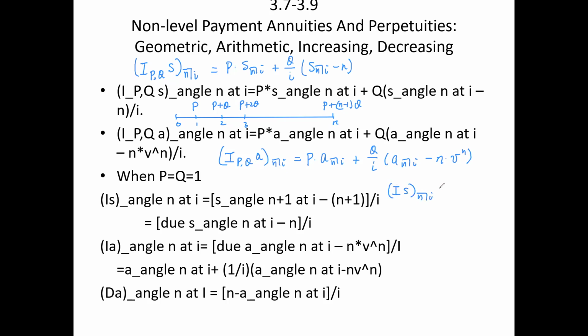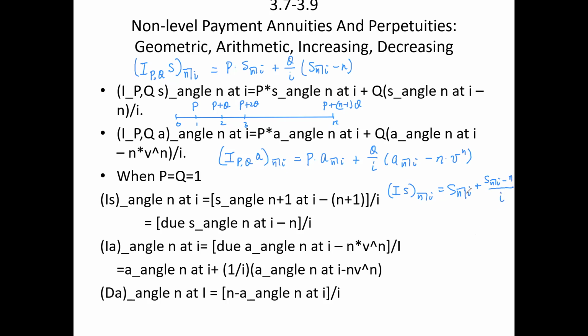P equals 1, so you have A sub n angle I plus 1 over I. I think there's another simpler formula, which is, hold on a second, this is S, we're talking about S. S n angle I plus 1 over I, so it's S n angle I minus n over I.